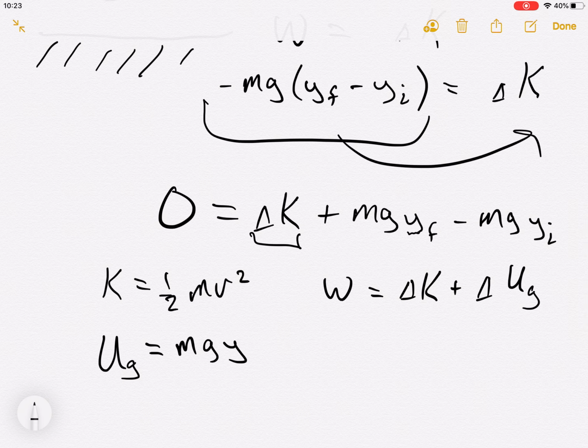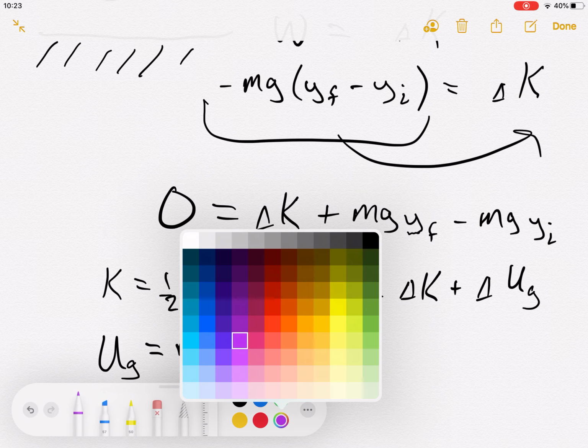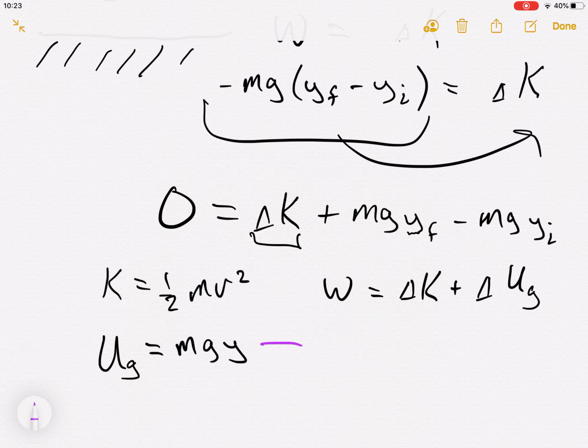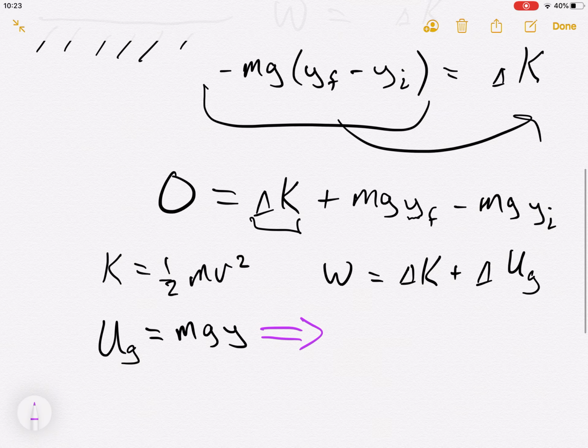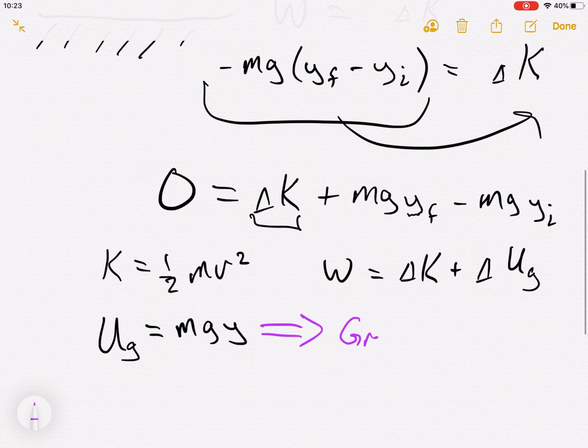So instead of including the work done by gravity, I'm now adding that to the other side of the equation. This is something that we define. This is a potential energy. Specifically, this is gravitational potential energy.